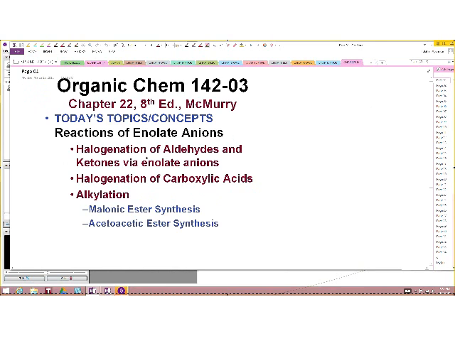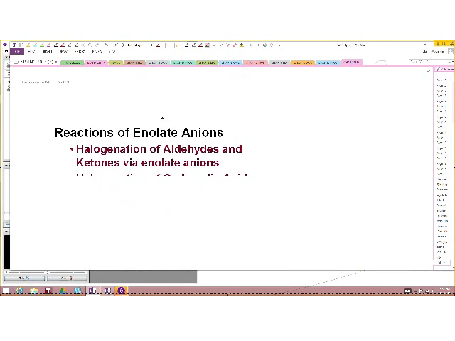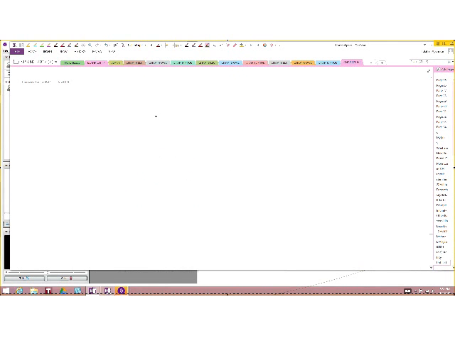Going back to chapter 22, what I want to discuss today are a couple of reactions that we have not done before, which are also related to the chemistry of enolate anions.